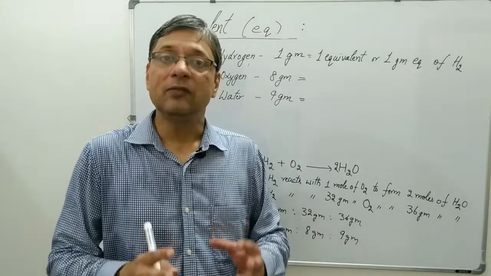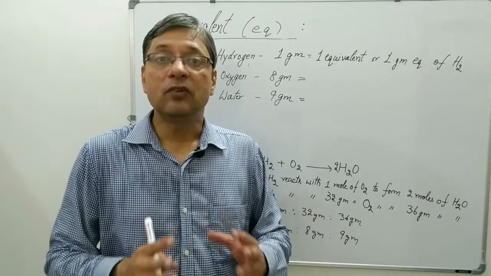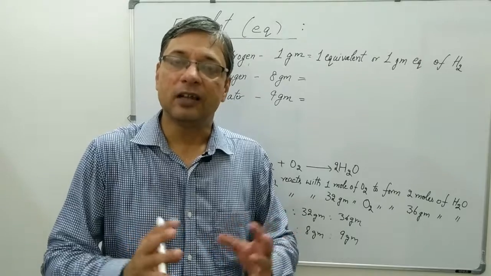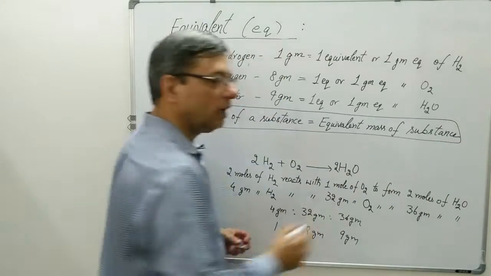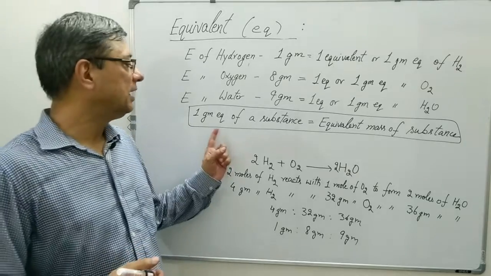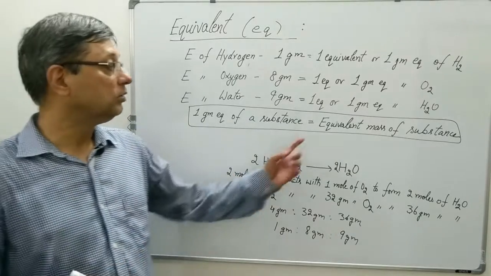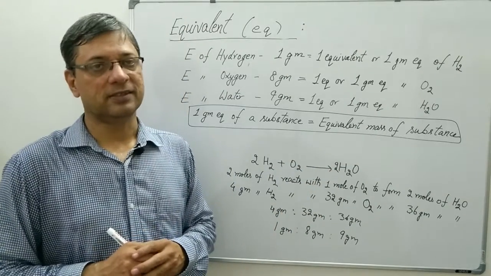Therefore, 1 equivalent can also be defined as equal to equivalent weight or mass of the given substance. Another definition: 1 gram equivalent of any substance will be equal to the equivalent mass of that substance.